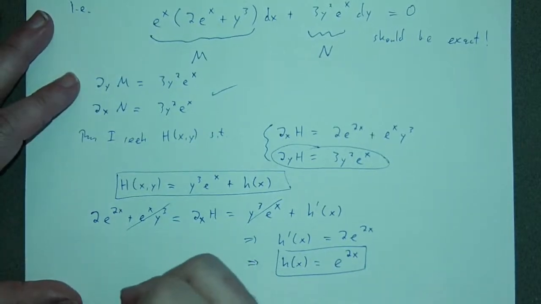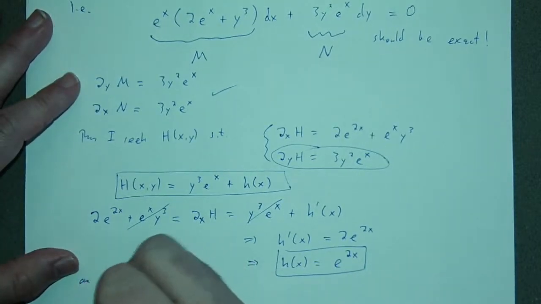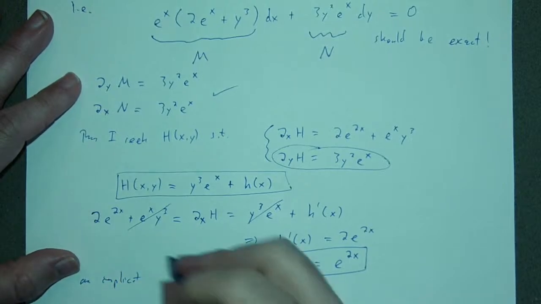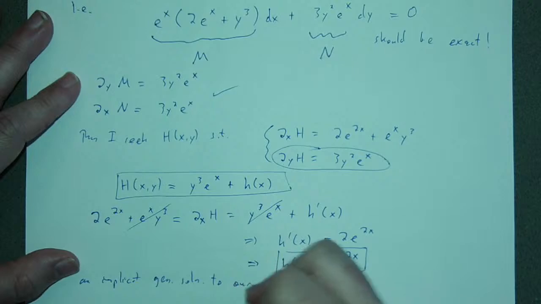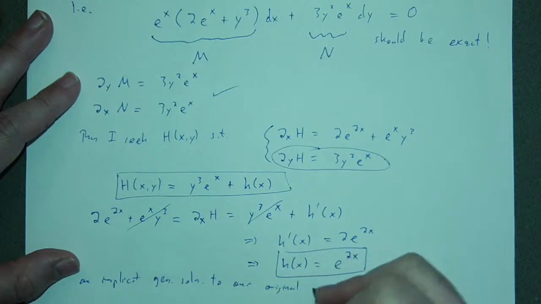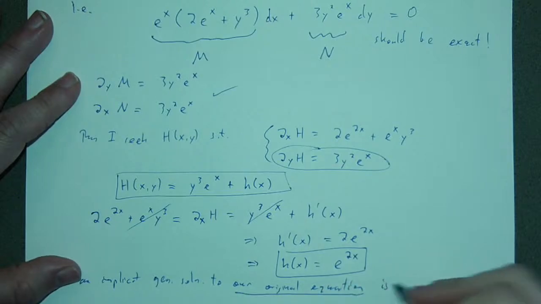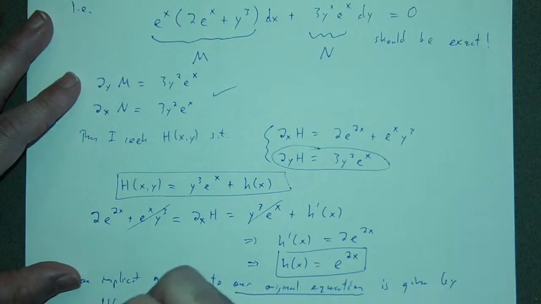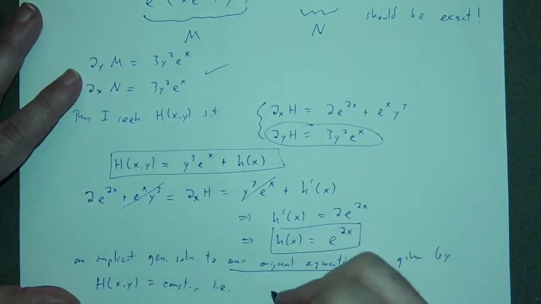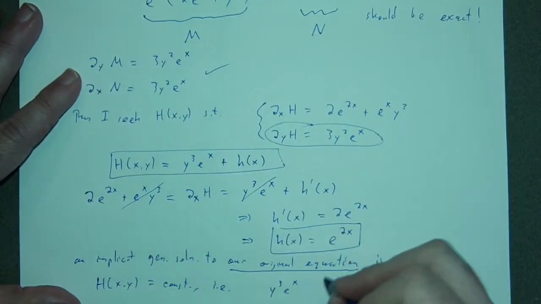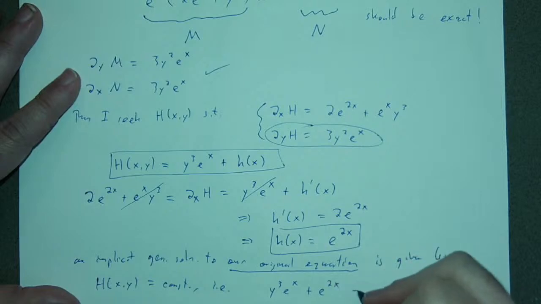So an implicit general solution, which is exactly the thing I was originally seeking here, to our original equation is given by h of xy is equal to constant, i.e. y cubed e to the x plus e to the 2x is equal to constant.